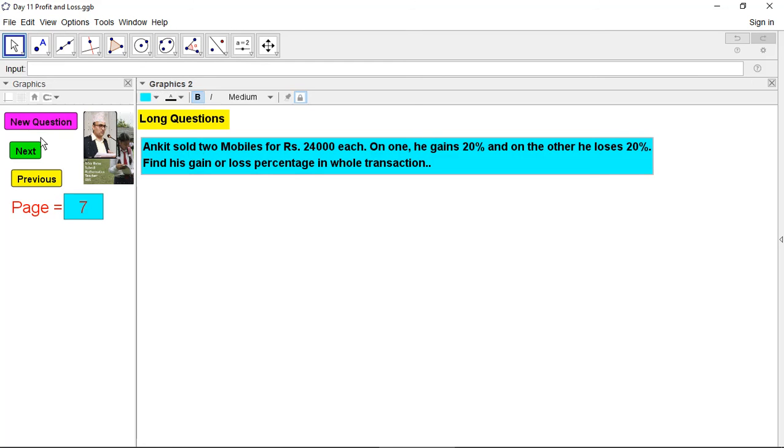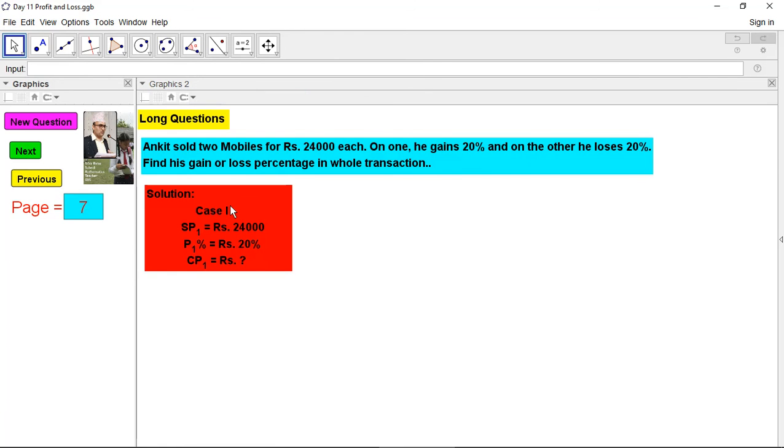Ankit sold 2 mobiles for Rs 24,000 each. On one he gains 20% and on the other he loses 20%. Find his gain or loss percentage in the whole transaction. For the first case, selling price SP1 is 24,000, profit percent is 20%, and CP1 equals what?